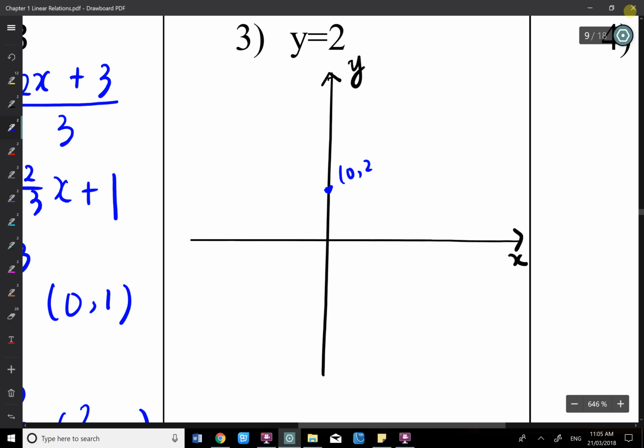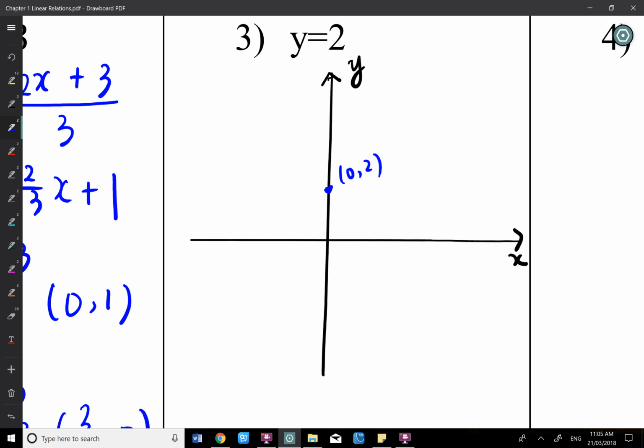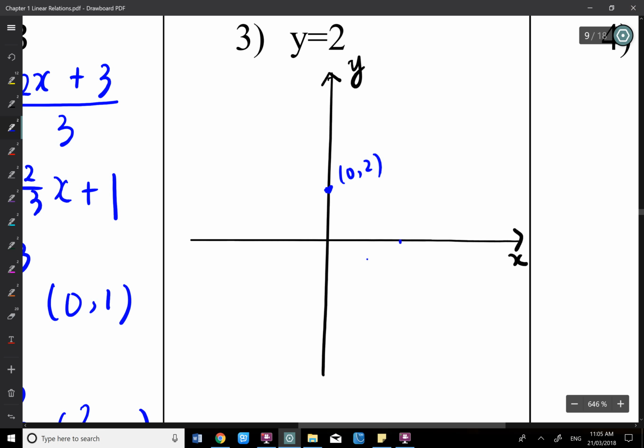That point is (0, 2). I can select any other point, for example x equals 3 and then y equals 2. All I need is y equals 2. I don't really care about what x I have.